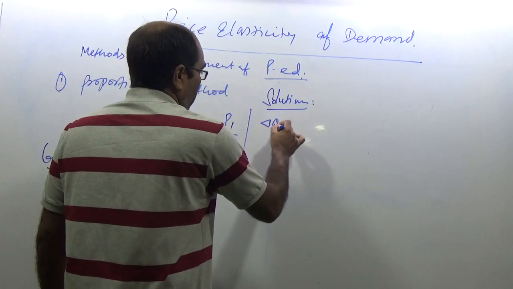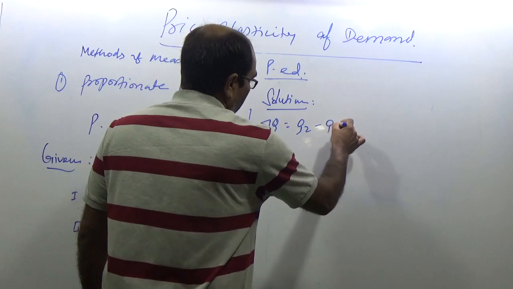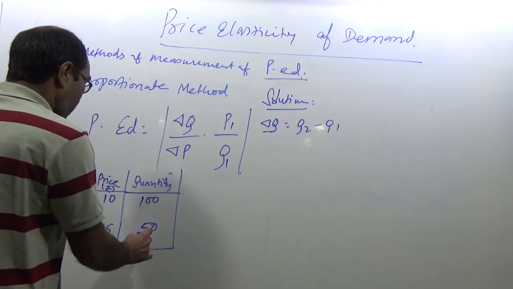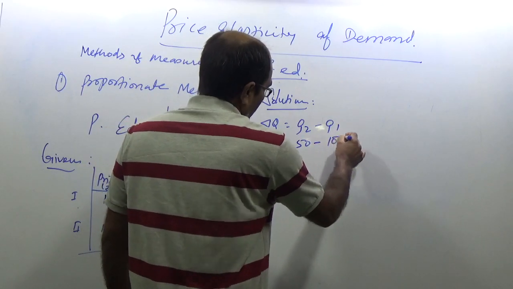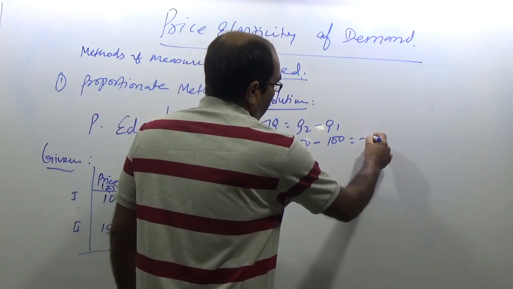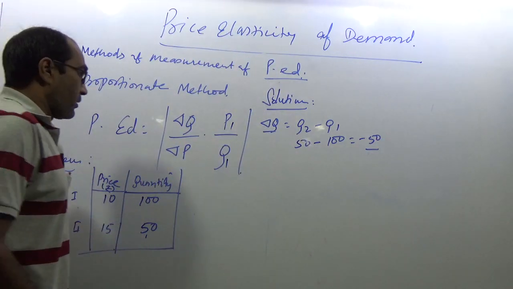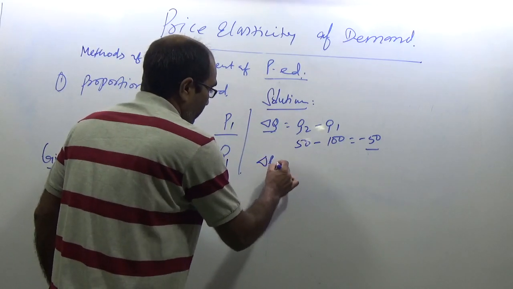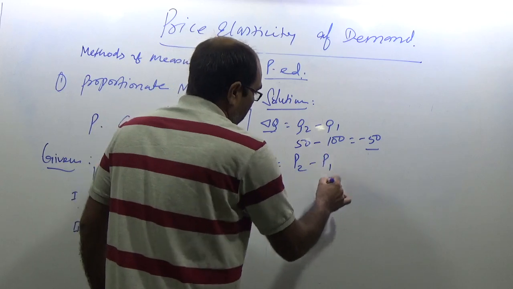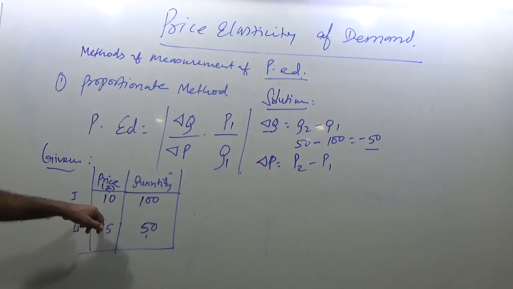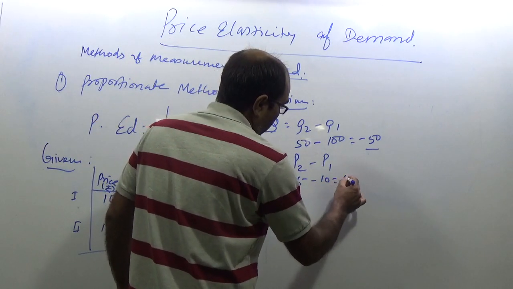Delta Q equals Q2 minus Q1. Q2 50 minus Q1 100 equals minus 50. Delta P equals P2 minus P1. If P2 is 15, P1 is 10, P2 15 minus 10 equals 5.